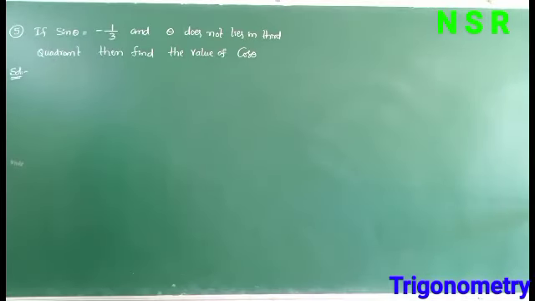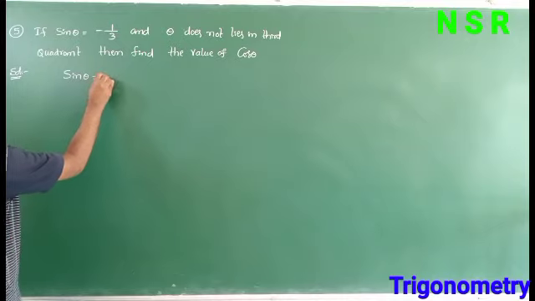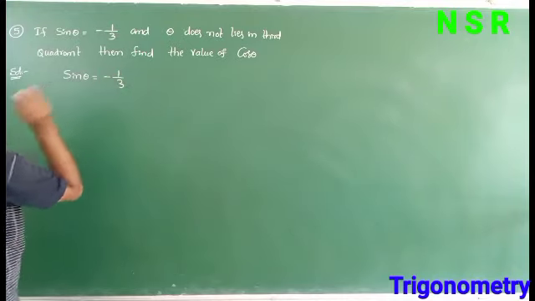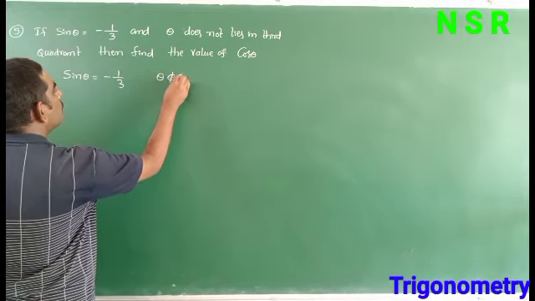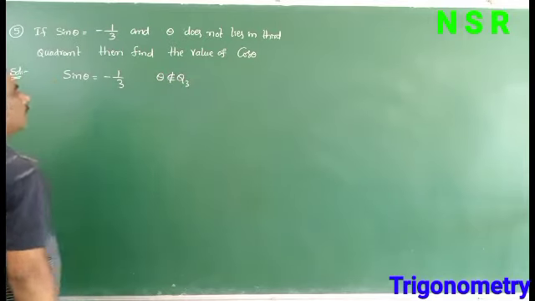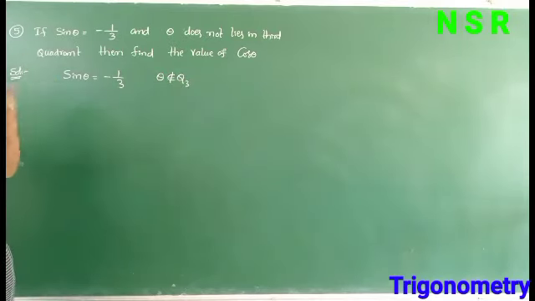So next question number 5, if sin theta equal to minus 1 by 3 and theta does not lies in third quadrant, then find the value of cos theta. So here given sin theta value, the sin theta value in negative and also given theta not belongs to Q3. So here sin theta is negative.